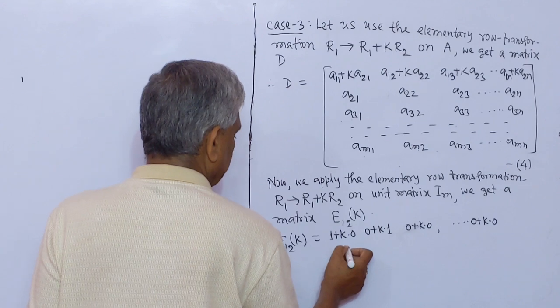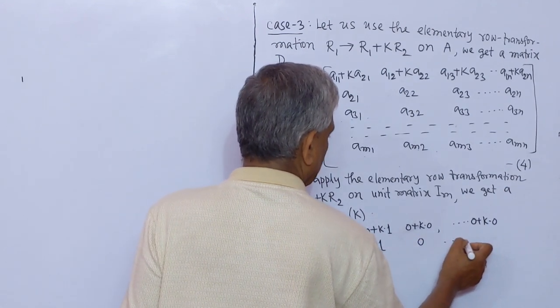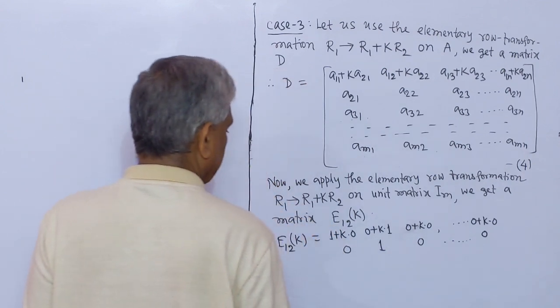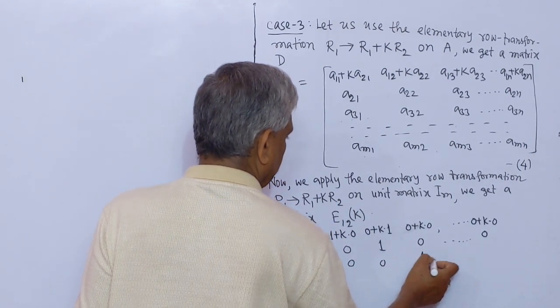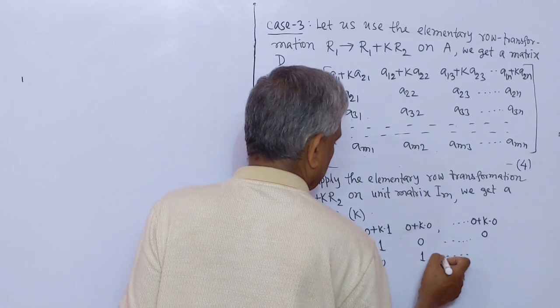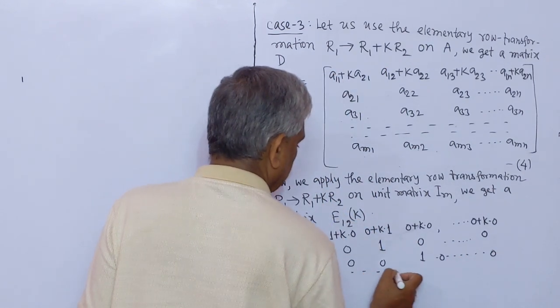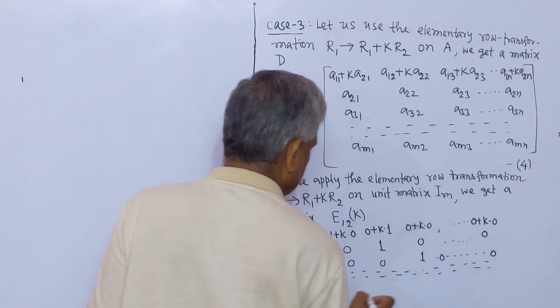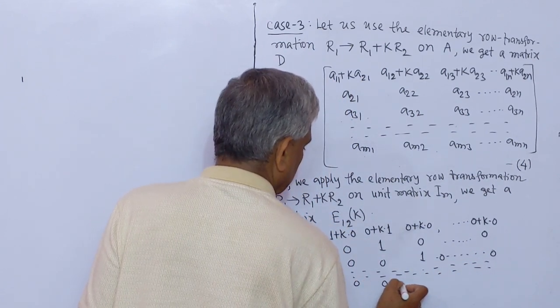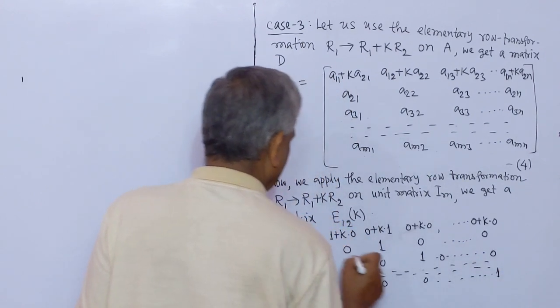Second row remains same, 0, 1, 0, dot 0. Third row remains same, 0, 0, 1, dot 0. Other rows remain same, 0, 0, 0, dot 1.